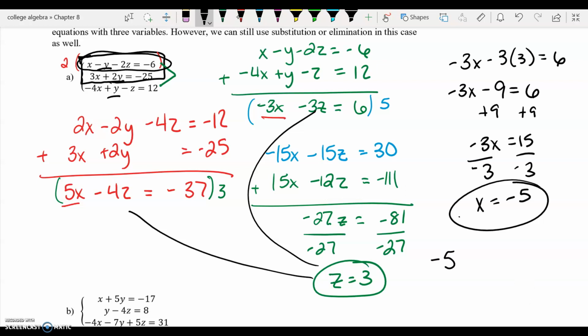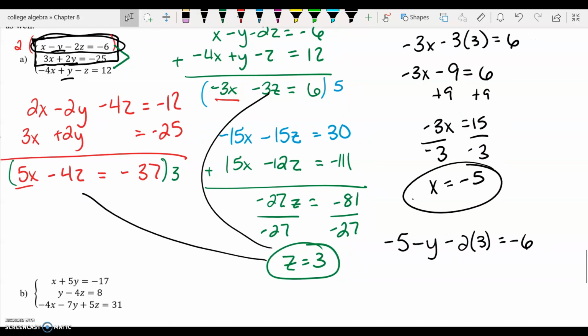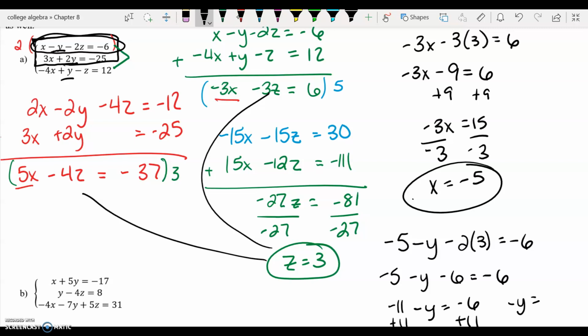I get -5 minus y minus 2 times 3 equals -6. You can plug it into the middle one, the bottom one, doesn't matter. I just plugged it in the top one. So you got -5 for your x, -5 for your y, and 3 for your z.